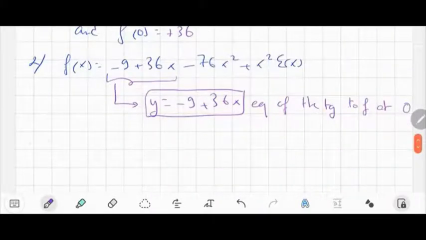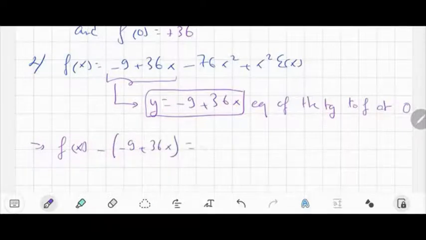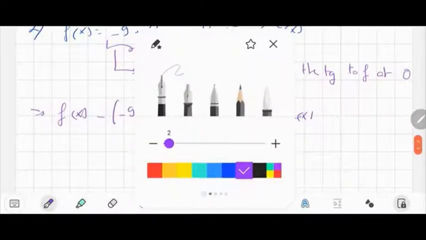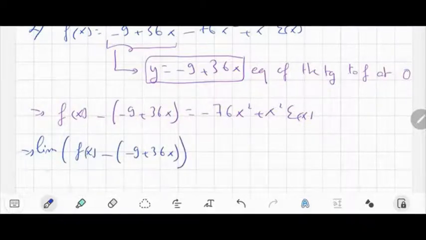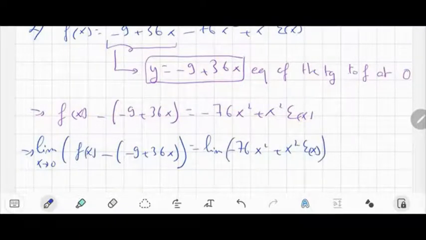Moreover, it means that f of x minus the tangent, so minus 9 plus 36x, is equal to minus 76 x squared plus x squared epsilon of x. So if you calculate the limit of both sides, then the limit of f of x minus (minus 9 plus 36x) when x tends to 0 is equal to the limit of minus 76 x squared plus x squared epsilon of x as x tends to 0.